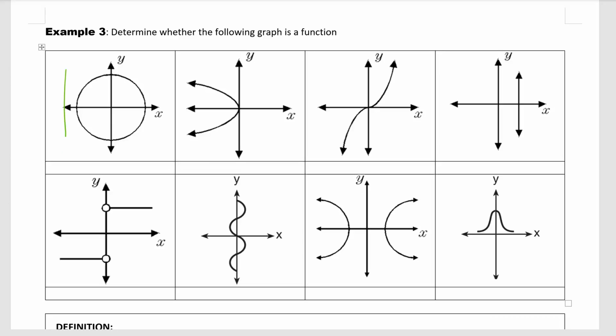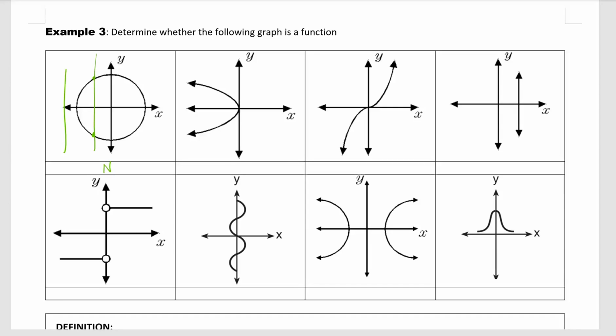Well, if we draw the vertical line here, it does not intersect, right? But when we draw the vertical line here, see, it intersects 2 points. So if there is some vertical line such that the graph crosses more than 1 time, then this is not a function.